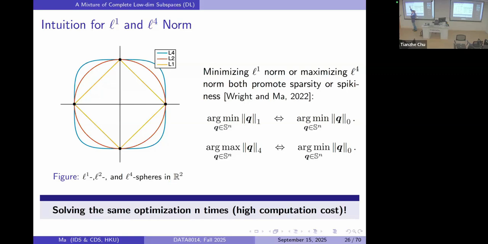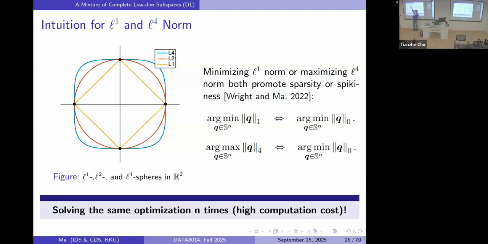So you actually need to minimize a one norm. You find those points first. Now, the circle is the same in all directions, right? It doesn't matter whether the vector is sparse or not, every direction is the same. So the 2 norm doesn't care whether your solution is sparse or not; it's all the same. The 4 norm is different. The 4 norm looks like this.